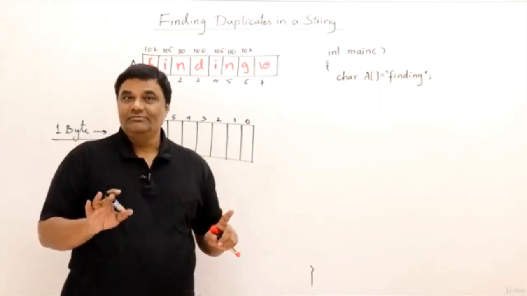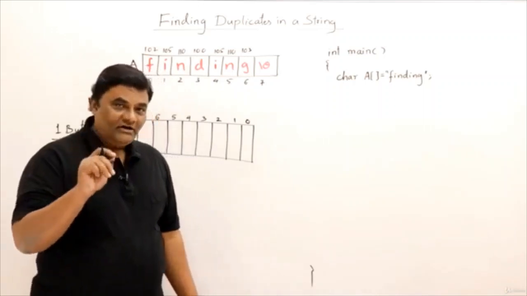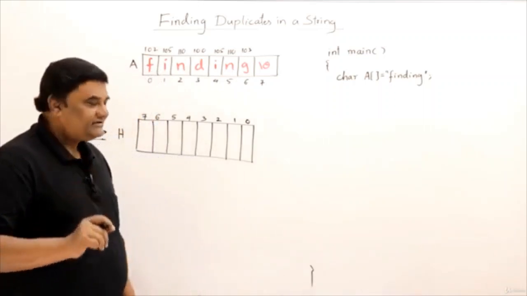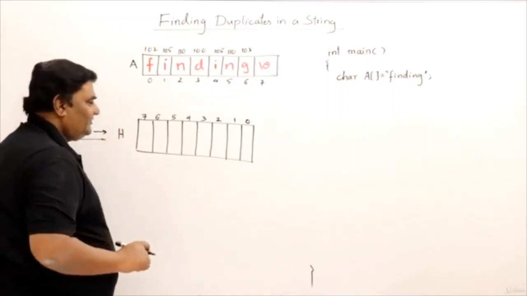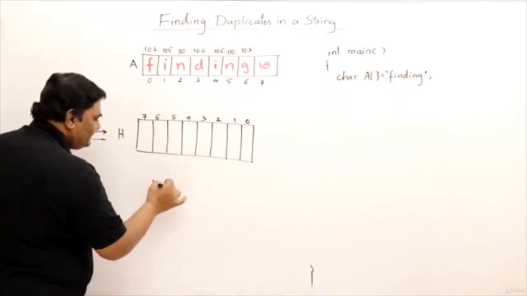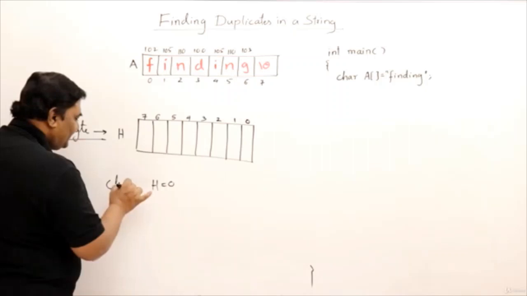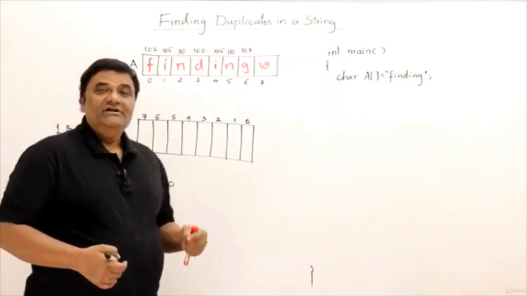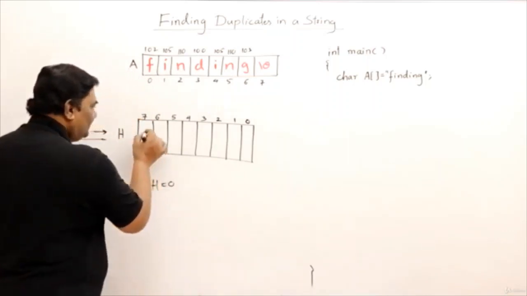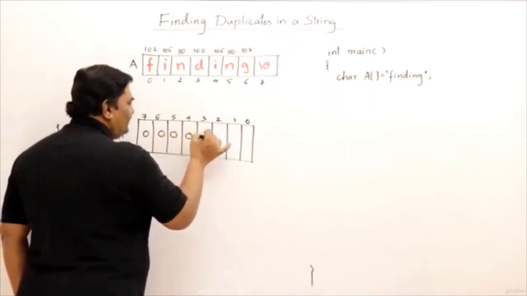I am not going to explain the binary number system. Now we will understand bitwise operations. For that, let us assume this h is initially 0. If I declare a variable of type character and assign h 0, then 0 will be stored. So how is 0 stored? All these will be zeros.